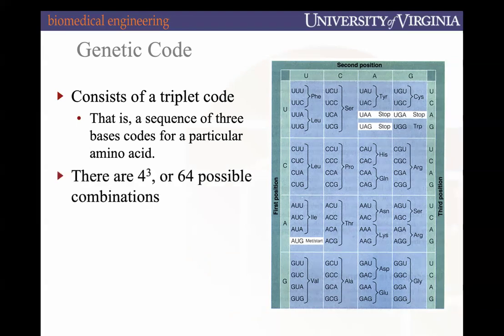Because we have 4 possible ribonucleotides, and because a codon, this triplet code that encodes for an amino acid, has 3 of them within this reading frame, for lack of a better phrase, we have 4 to the third or 64 possible combinations.